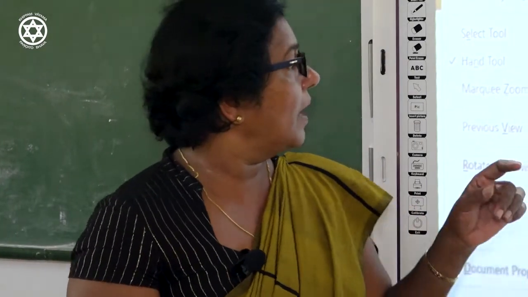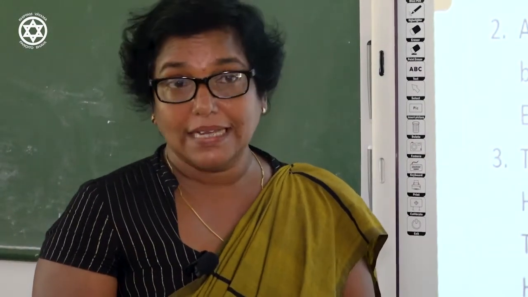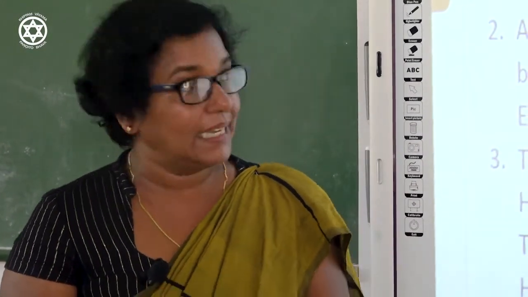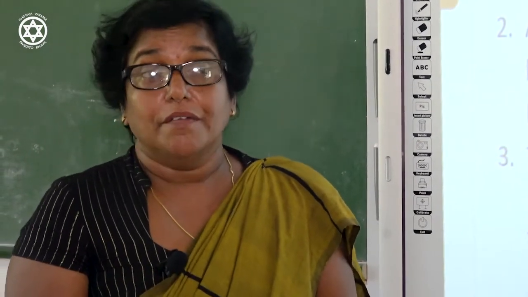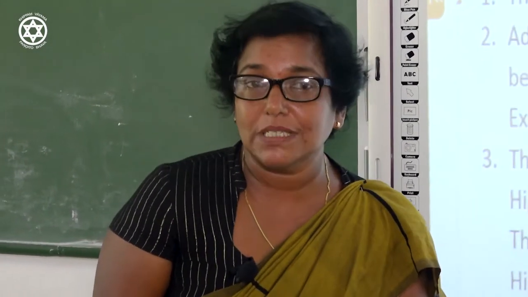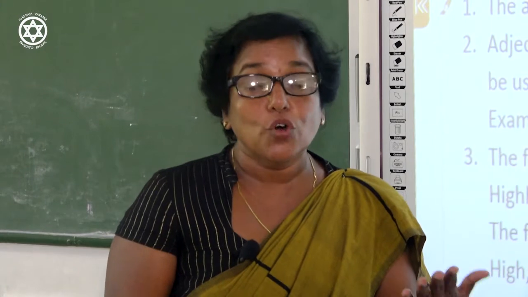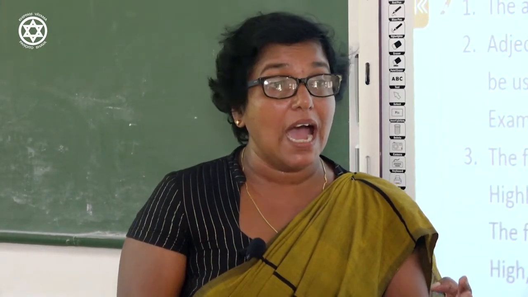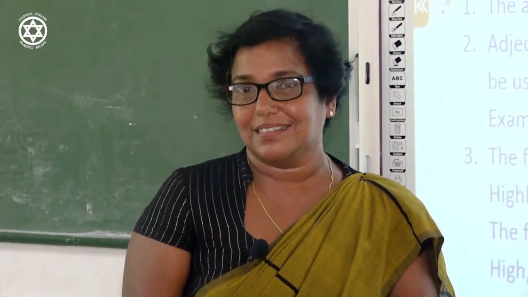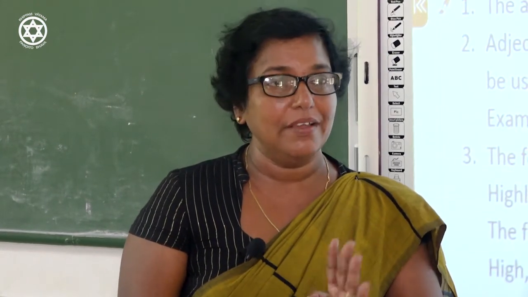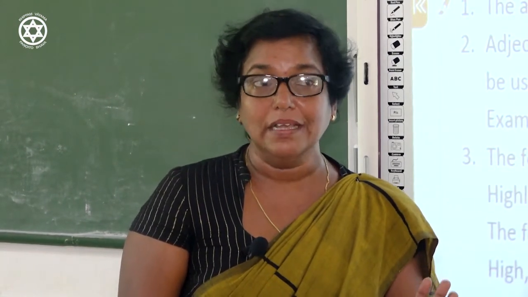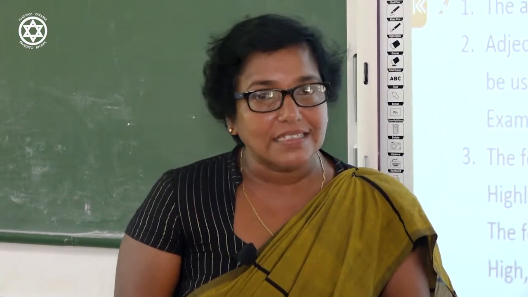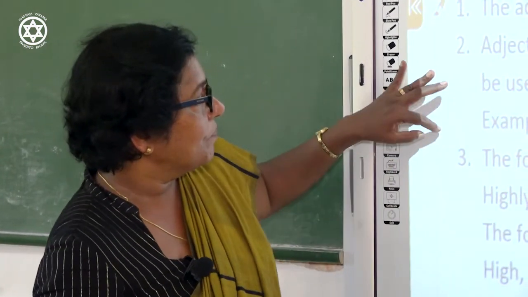Now look at the example I tell you. She is a good dancer. There, good is an adjective. But when we use it as an adverb in a sentence, you cannot say she dances goodly. It is wrong to use goodly. So you have to say she dances well, right?